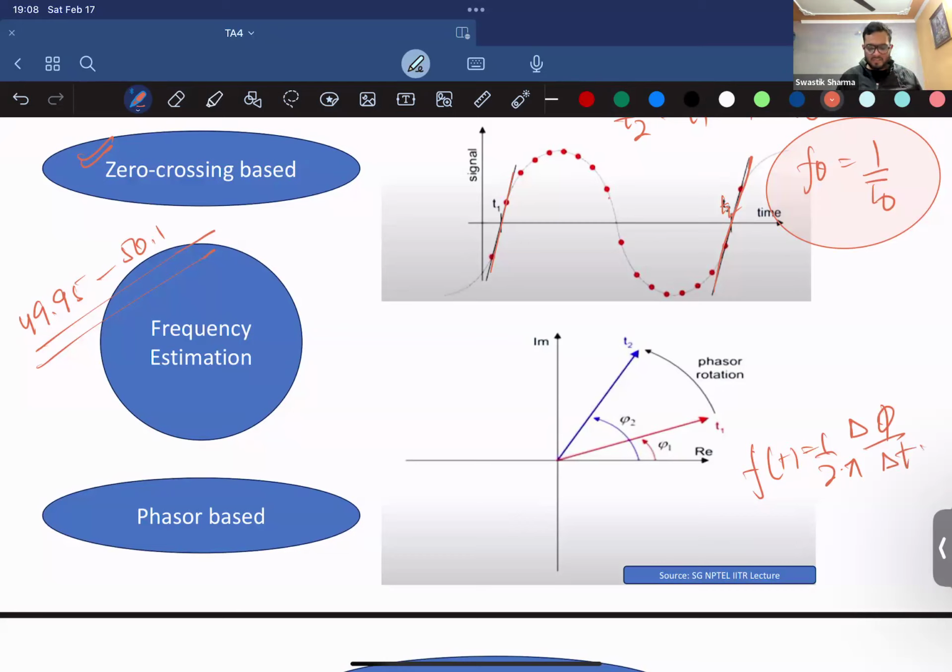On how the phase angle is changing, you can calculate the frequency as well.